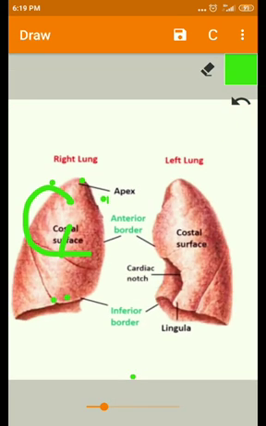Another important feature in the lungs are the fissures and lobes of the lungs. Fissures, so you can observe some fissures.